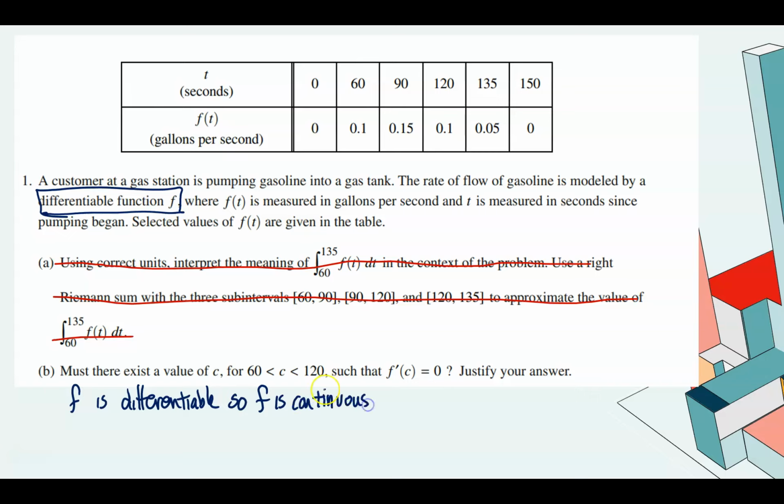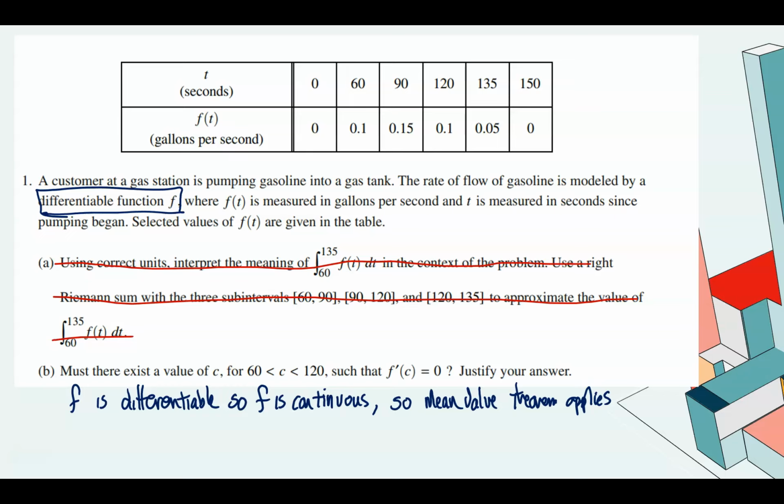So you're given basically a point for that logical step of knowing that the fact that a function has a derivative means that function is continuous. So the mean value theorem applies.